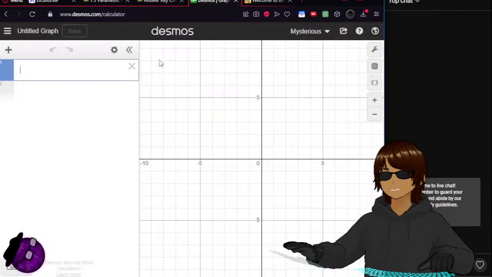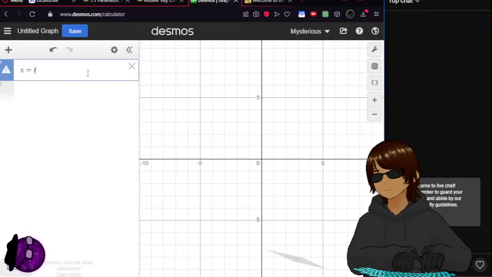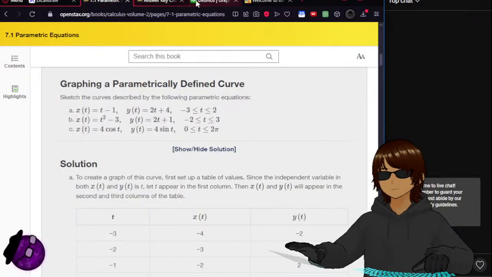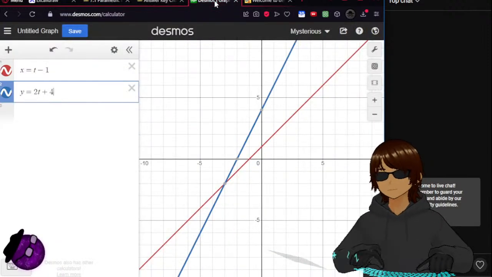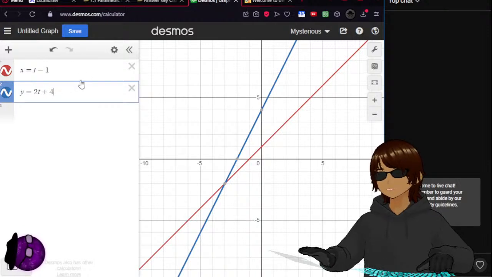Then let me just test this. y is equal to 2t plus 4. Is there a way I can write parametric equations on Desmos?